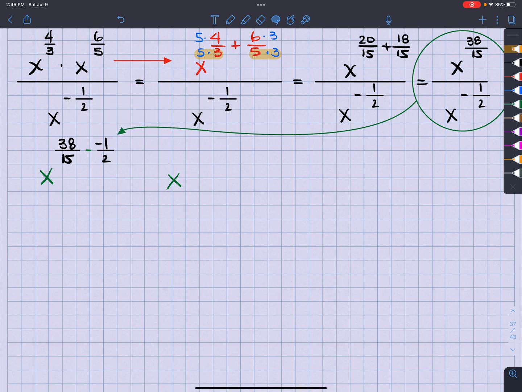There we go. It kind of looks like it's supposed to be there. It's going to be 38 over 15 plus 1/2.